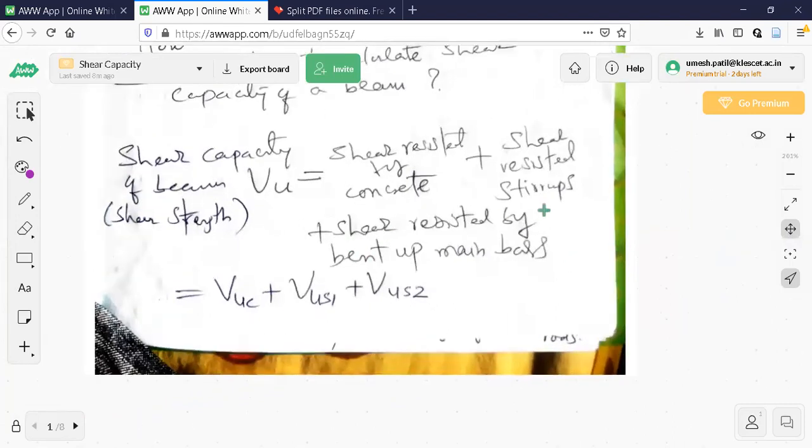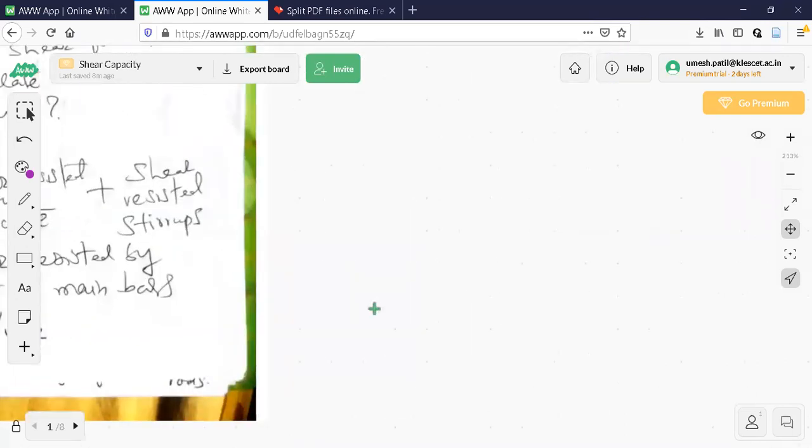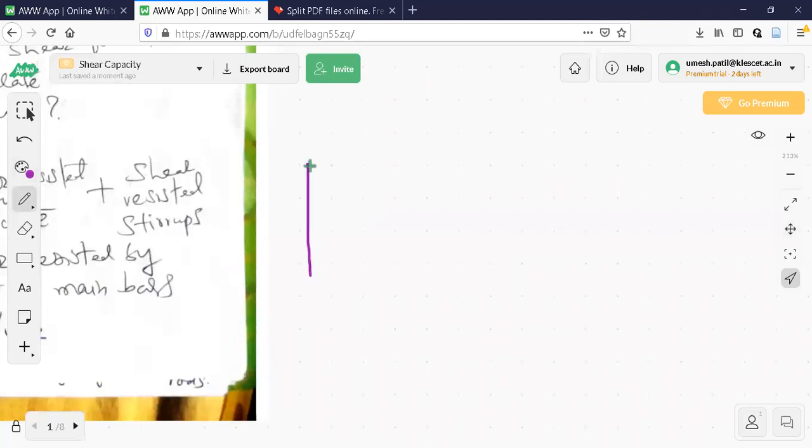Now, what is this shear resisted by bent up main bars? Observe here. If I bend the main bars, observe what is happening. I'll show you part of the longitudinal section.